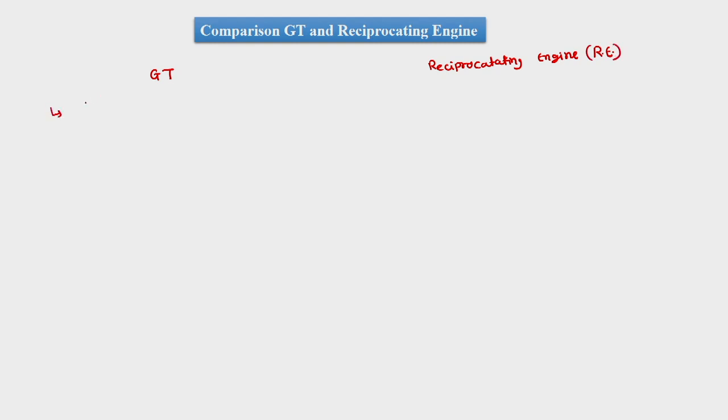So gas turbine engine has higher mechanical efficiency. Basically, in case of gas turbine engines, we have lesser frictional loss than the reciprocating engines, and in reciprocating engines we have higher frictional loss, so the mechanical efficiency is low.